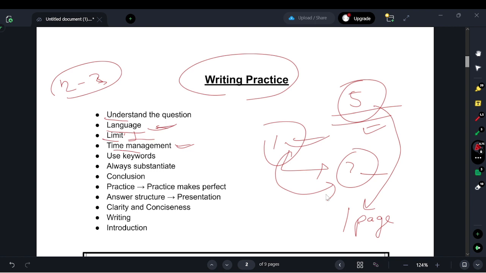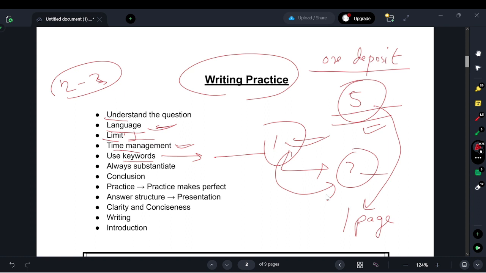Now after that you have to use keywords. If you're using good keywords, try to underline them at the same time. For example, if you are writing about ore deposits, which is the keyword in that question, just underline that at the same time while writing.